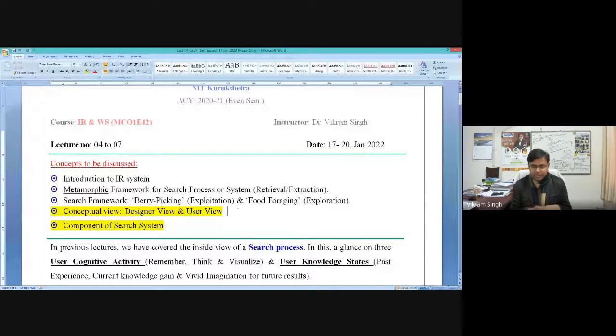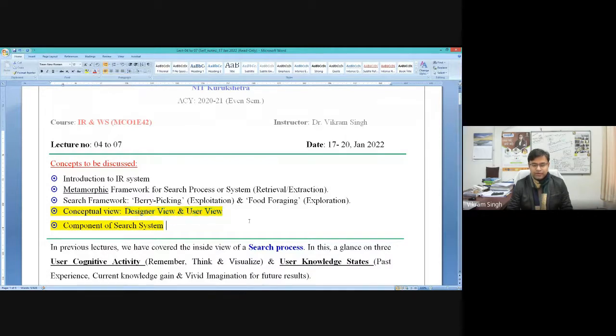Whenever we are talking about designing a system or a process, you should always have two views, two perceptions actually, right? It could be a designer view and a user view. Whenever you are planning to design a system, you should always have these two views.